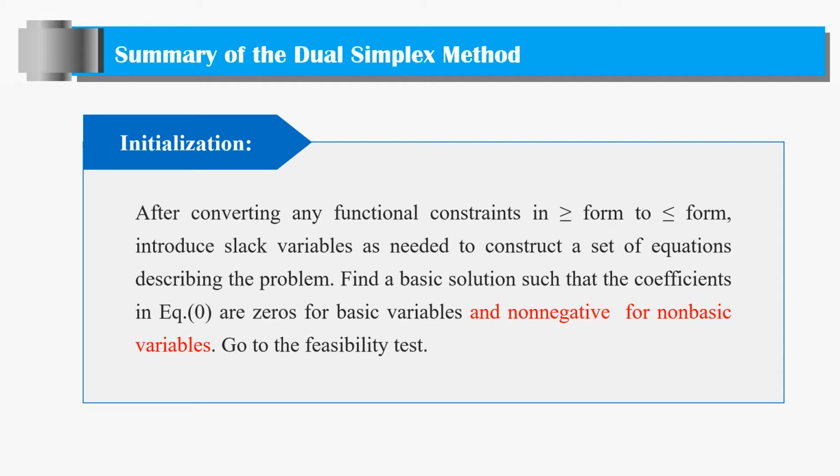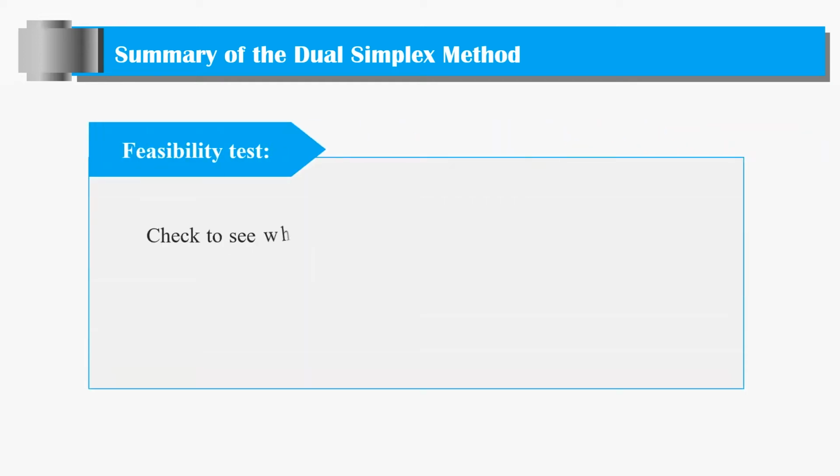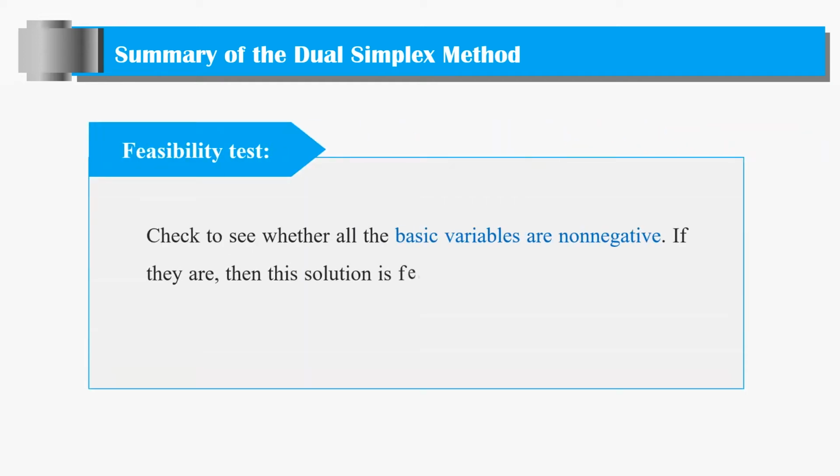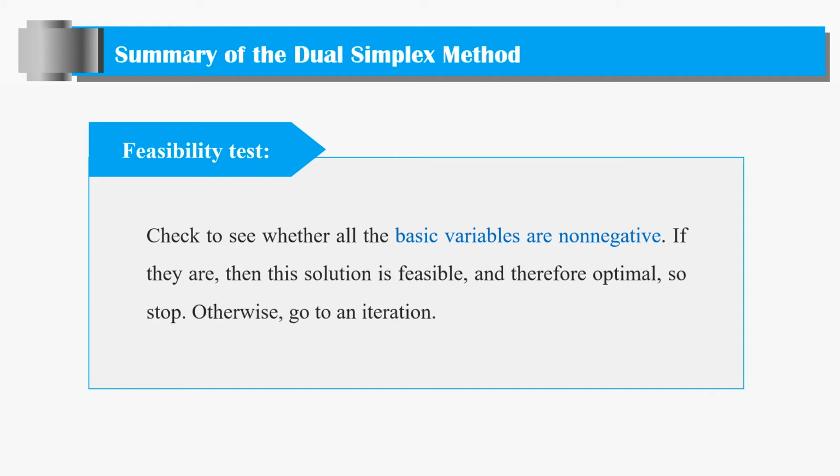Find the basic solution such that the coefficients in equation 0 are zeros for basic variables and non-negative for non-basic variables. Go to the feasibility test. During the feasibility test, we check to see whether all the basic variables are non-negative. If they are, then this solution is feasible and therefore optimal, so stop. Otherwise, go to an iteration.